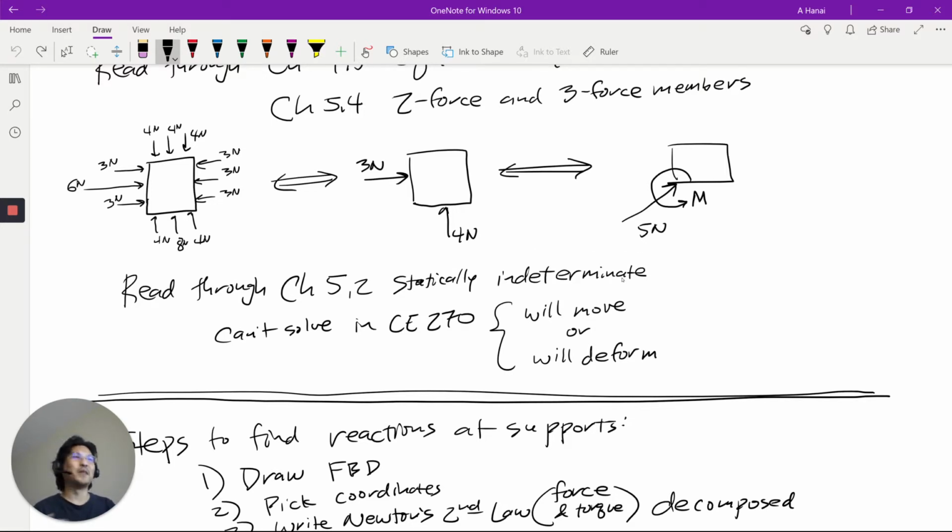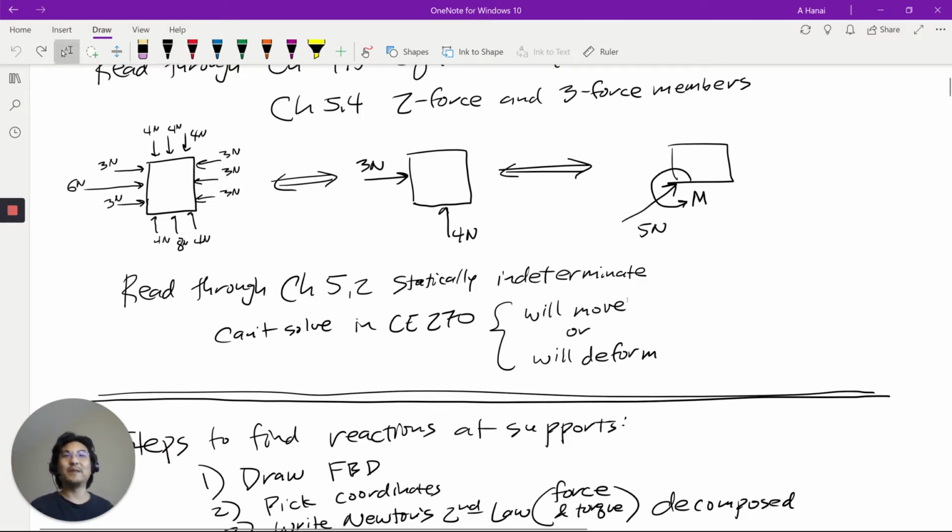Or if you have too many constraints and an object deforms, then we can't solve it based on what we know from CE 270. That's another class where you talk about stress and strain and constitutive properties. So it's not that you can't solve it ever, it's just you can't solve it based on the material from this course. So we call that statically indeterminate, and then you just leave it alone.